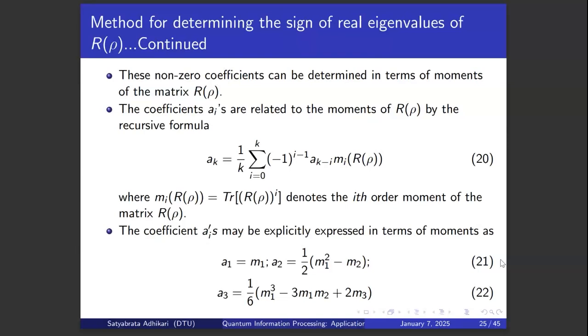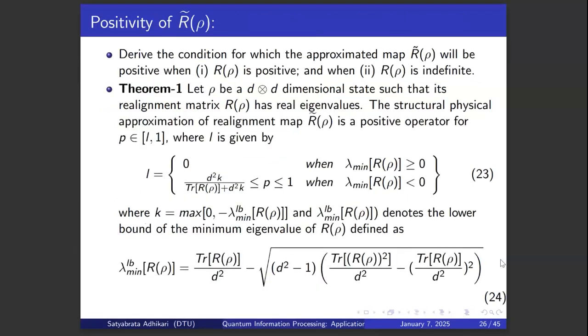So here in equations 21 and 22, you can find that a1 is m1, that is the first moment. a2 is equal to half of m1 square minus m2. That means a combination of the second moment and first moment. In this way, all the coefficients can be written in terms of the other moments. Okay, and since moments can be realized in an experiment, these coefficients can also be realized in an experiment.